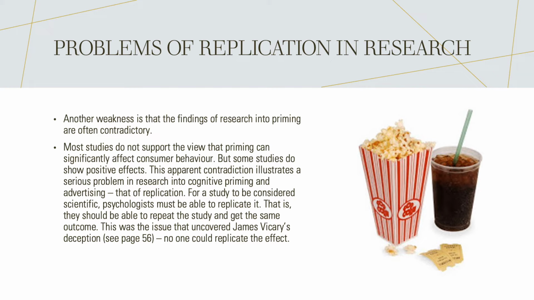Replication is very, very important for scientific research. In order for something to be scientific, it needs to be replicable. If it's replicable, it means that another researcher has taken your study, done the same thing or very similar thing, and has found consistent results, which means that your data is reliable, and therefore the conclusions that you've drawn about human behaviour are also reliable.